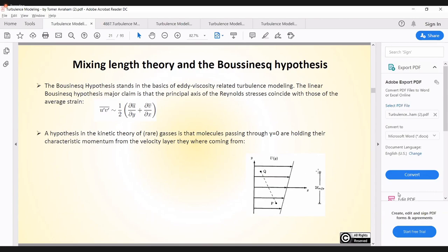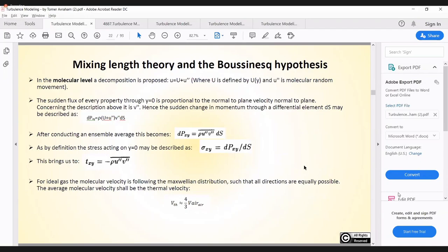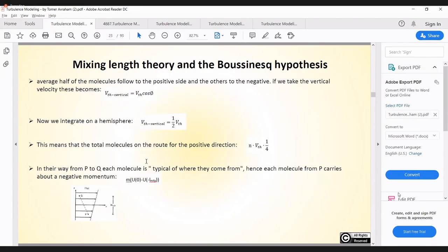You see 2 times the mean free path, but when you use the mixing length theory, which means you take the molecule and call it a parcel, the thermal velocity you call a mixing velocity, and the velocity of a molecule you call a perturbative velocity, then there is no real justification for that, and because of that, it changes.